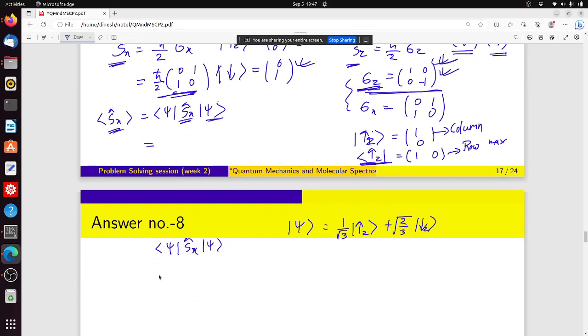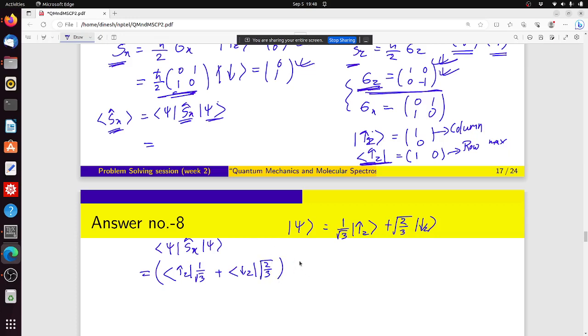So this we can write as the bra vector: spin up bra 1 by root 3 plus spin down bra root 2 by 3.